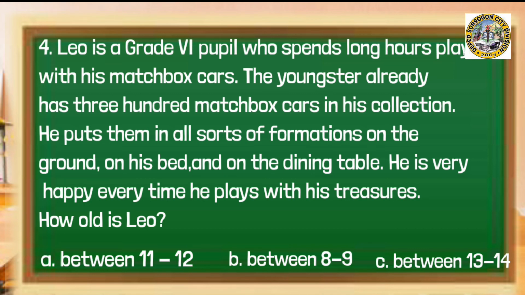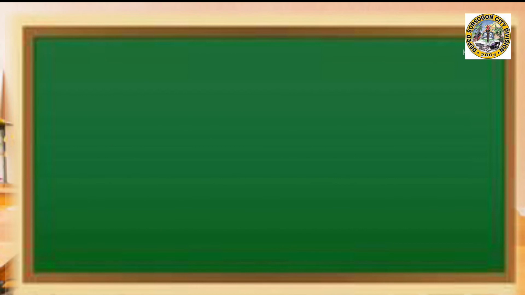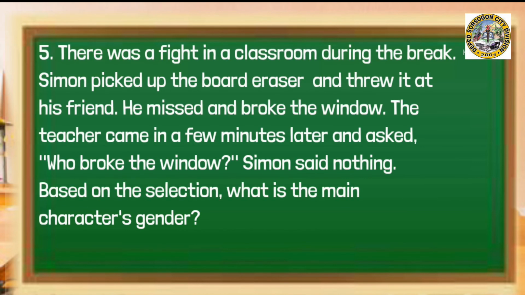Well done, kids. Let's check. Number 4, A. Number 5. There was a fight in a classroom during the break. Simon picked up the board eraser and threw it at his friend. He missed and broke the window.